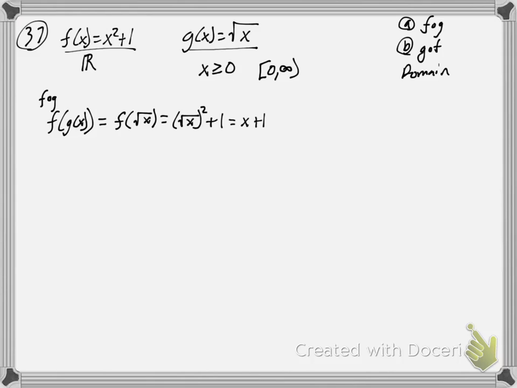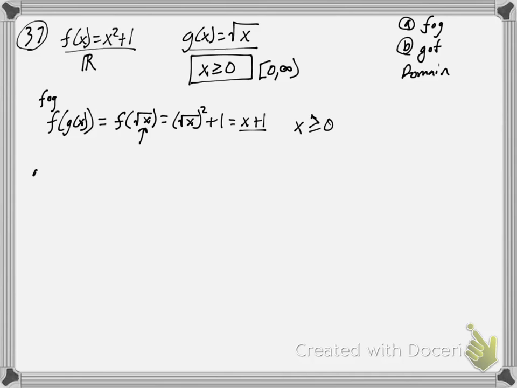Well, we'd like to say, just look at this last one, and x plus 1, well, it's all real numbers, but not quite so fast, because I got to think of, if I were to plug a number into here, what numbers could I plug in? What numbers could I plug in for the x there before the square root squared happened? Well, that's going to follow the same rules as this one up here. And so the domain for f of g of x would be x has to be greater than or equal to 0.